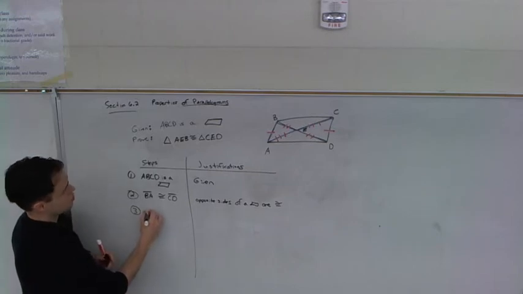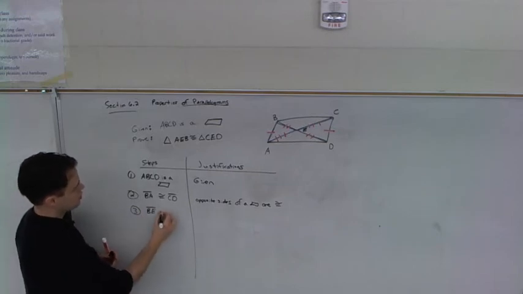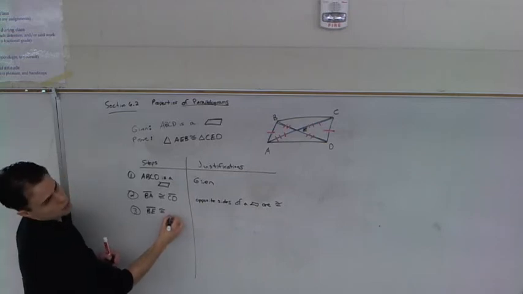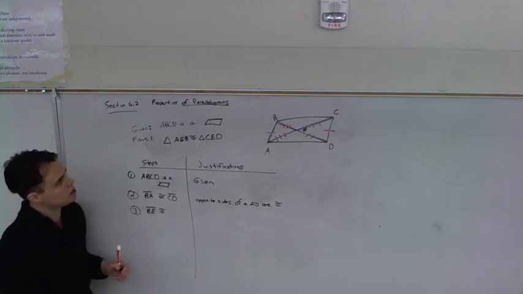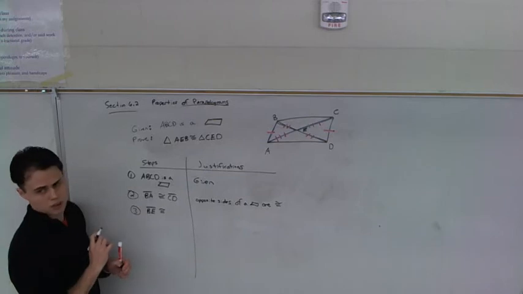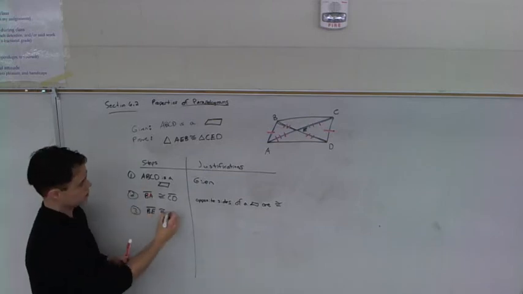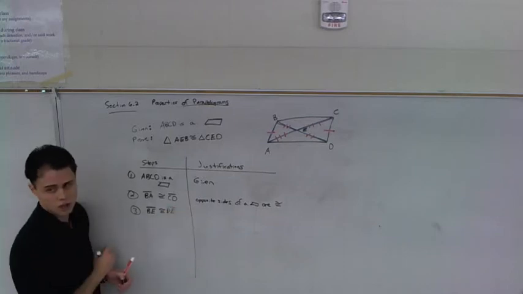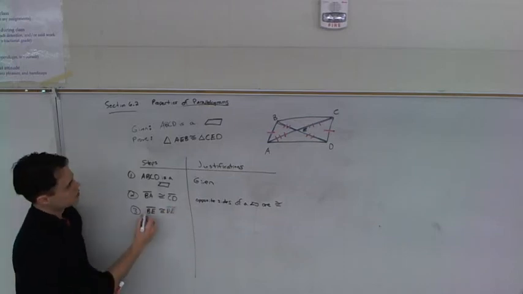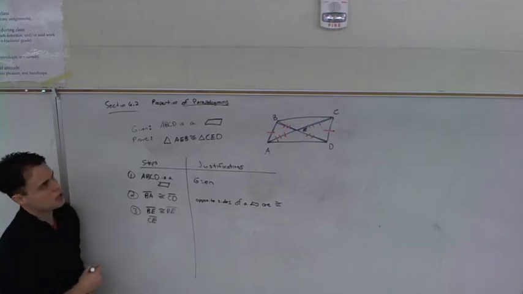Okay, so BE is congruent to what? Someone else who didn't tell me. Sean, BE is congruent to? BE is congruent to BE. Okay, and Casey, CE is congruent to what?